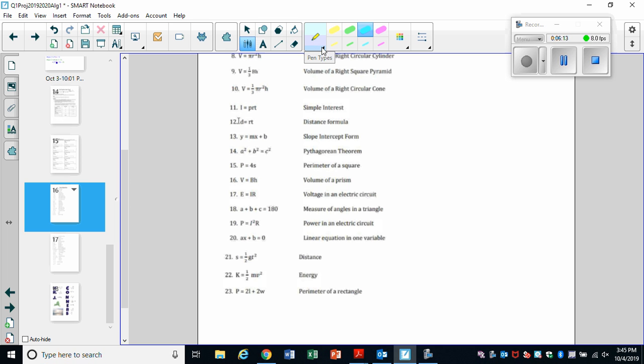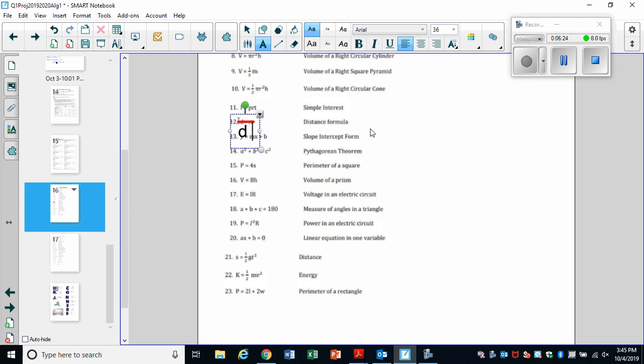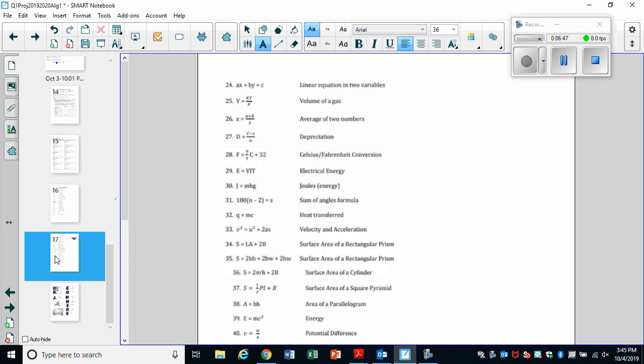Let me, really quick, cross it out, and then I'll write D equals R times T. I do not want to confuse anybody. So we have 23 on one side, 23 equations on the other side.